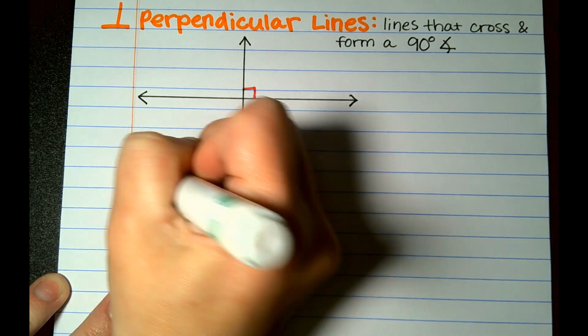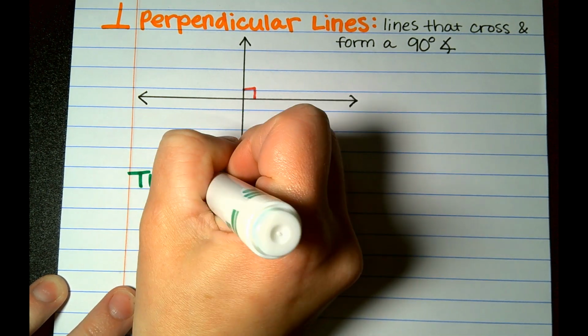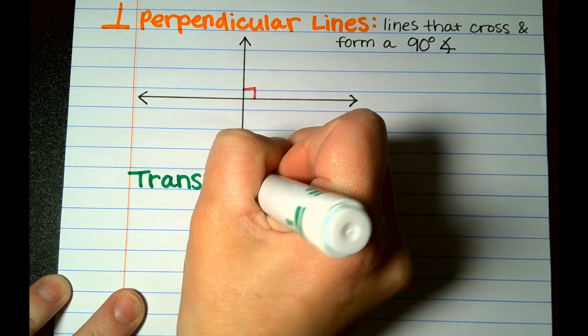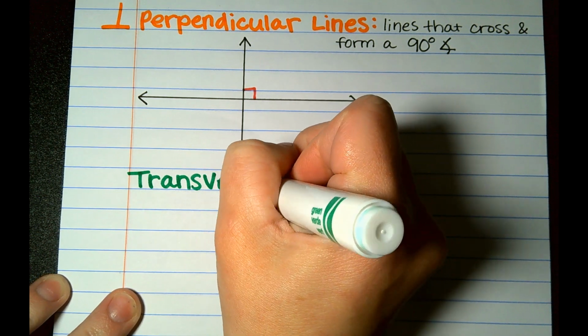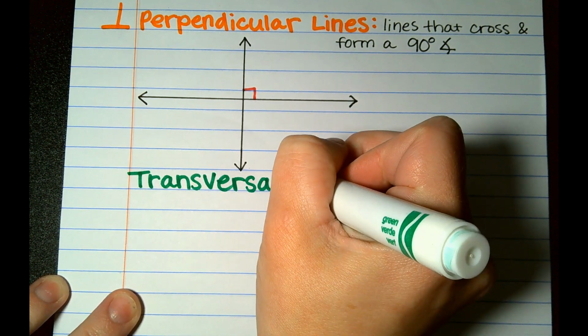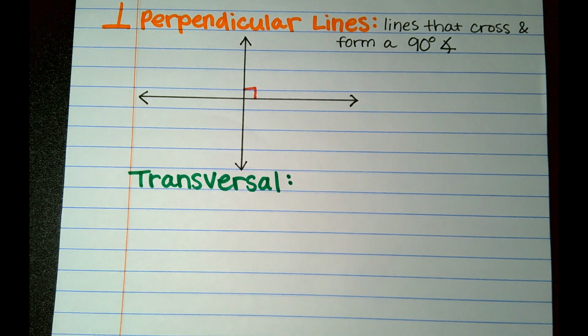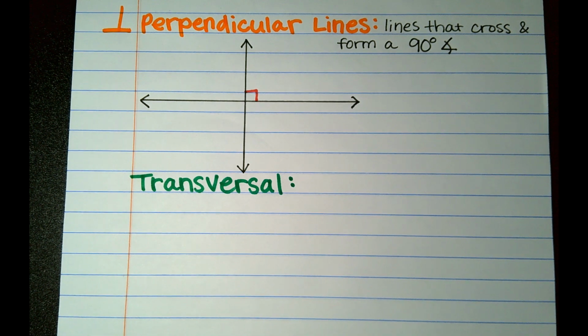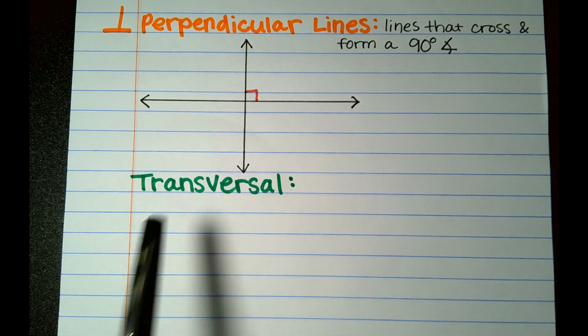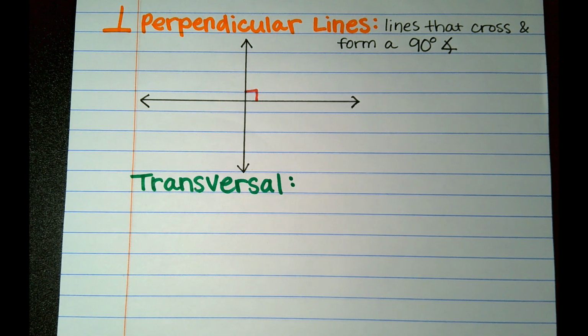Transversal doesn't have a symbol that I know of. So we're just going to write the word transversal. And a transversal is just a line that crosses through parallel lines.